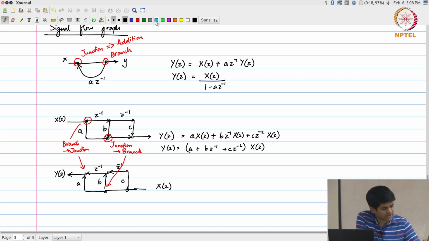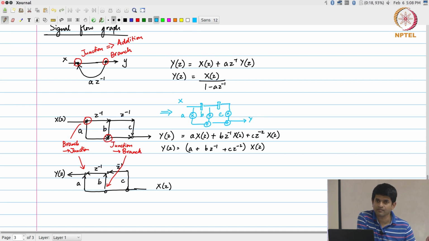Okay, so what I am going to do is just draw the block diagrams corresponding to both of these. This one essentially corresponds to what I drew earlier, which is x here, y here, a, b, c. Okay. The one at the bottom, I am once again going to draw similarly to the top one, in the sense that x will be on the left, y will be on the right. Okay. But the connectivity will be as seen by the signal flow graph on the bottom.